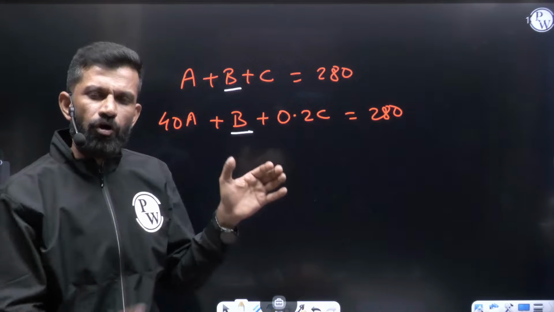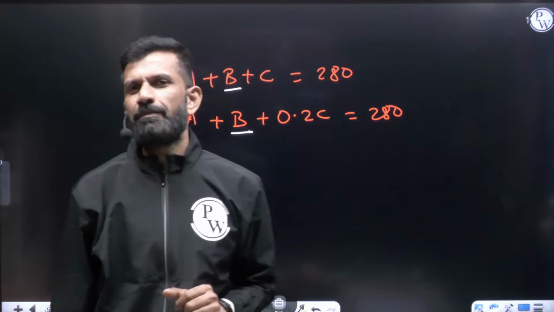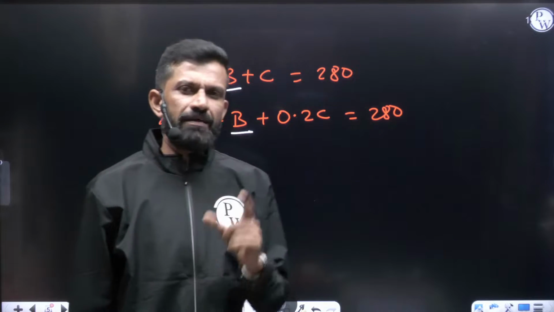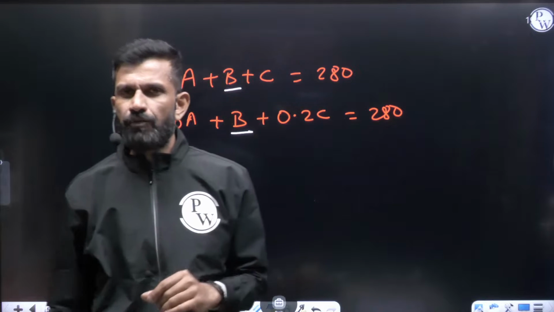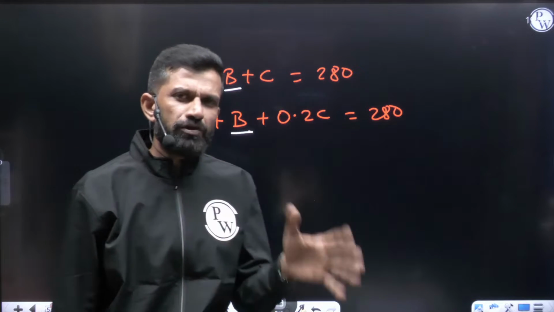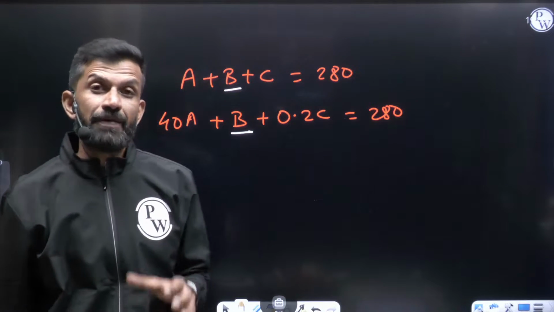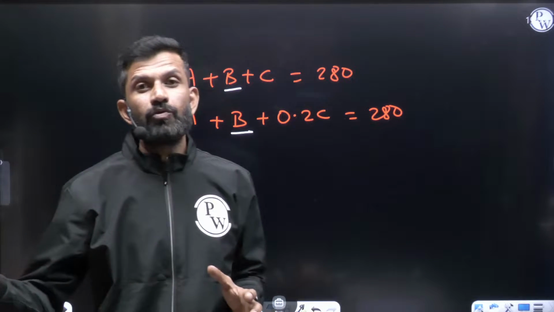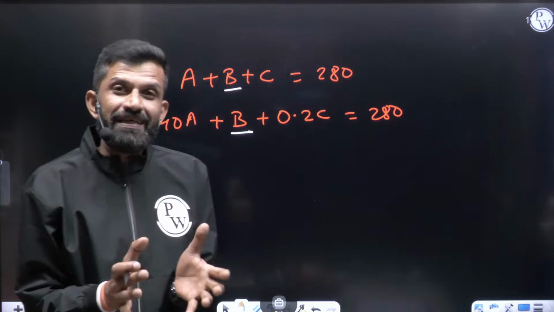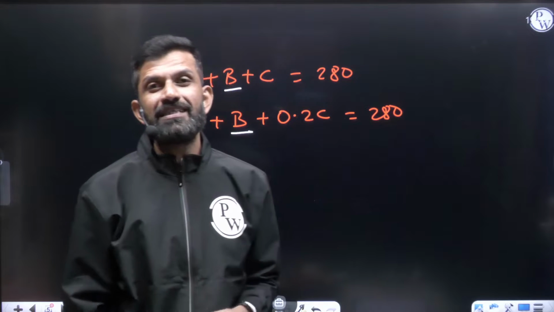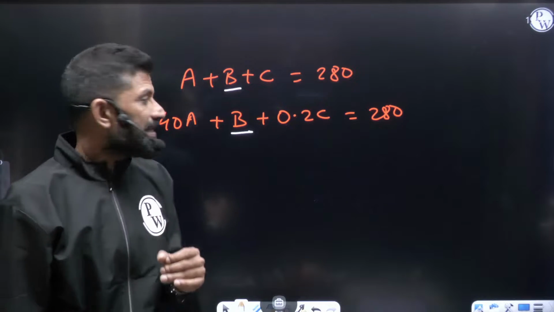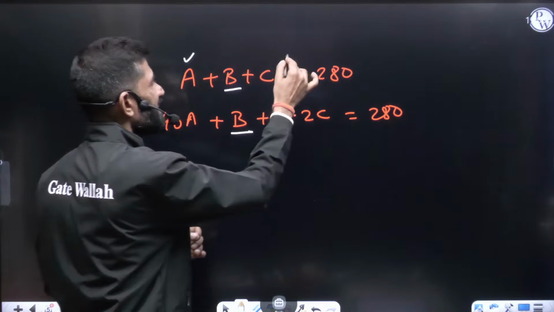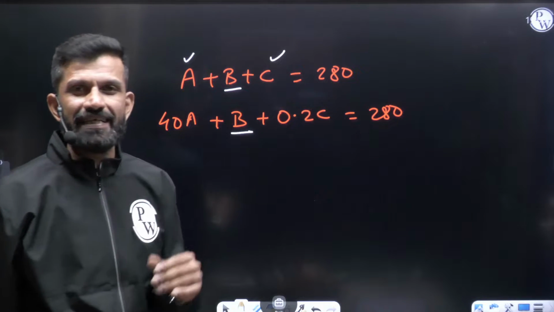In B's case, the number of products and money spent will always be the same. If you take one product, 1 rupee. If you take 5 products, 5 rupees will be spent. If you take 100 products, 100 rupees. And if you take 280 products, 280 rupees will be spent. So B, anyhow, is according to the condition given in the question. The main adjustment you have to do is with A and C. That is the reason B is getting cancelled.